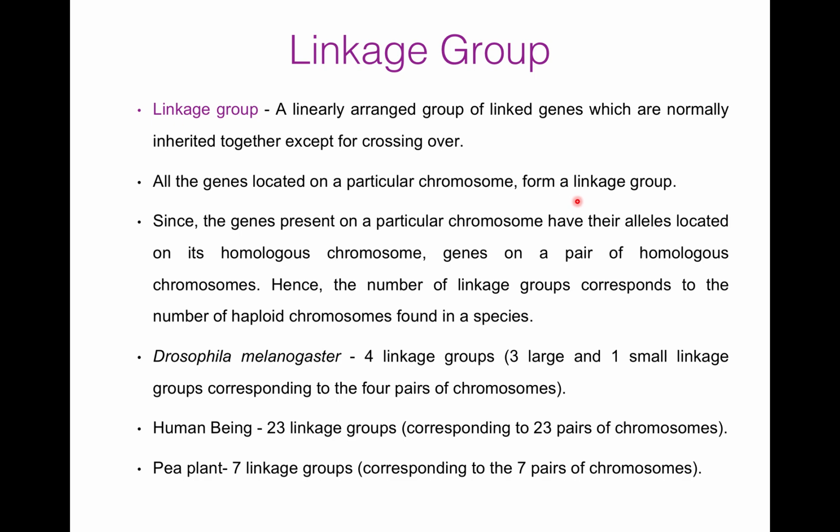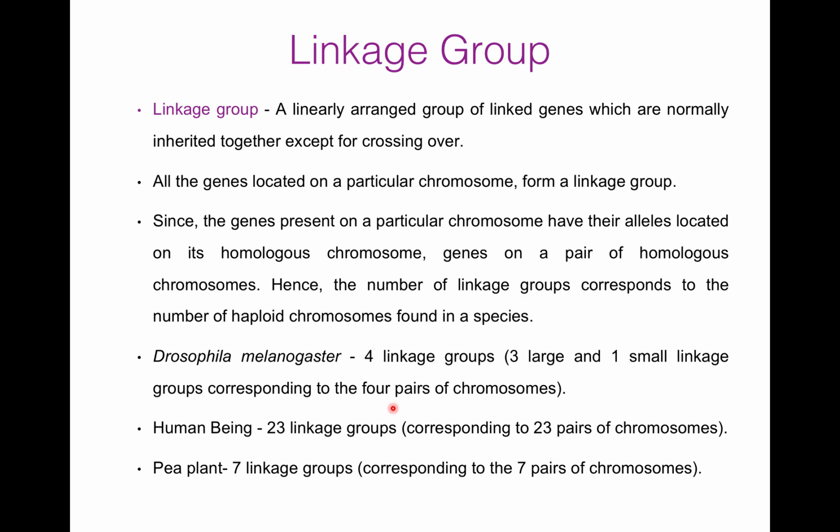Because the genes present on a particular chromosome have alleles located on its homologous chromosome, the number of linkage groups corresponds to the number of haploid chromosomes found in the species. For example, Drosophila melanogaster has 4 linkage groups, 3 large and 1 small, corresponding to 4 pairs of chromosomes. There are 8 chromosomes, but the pairs are 4.